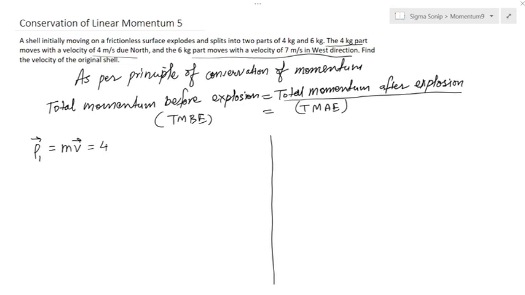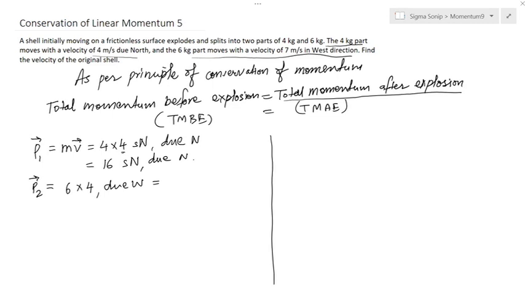So this is 4 kilogram times 4 meter per second, and because velocity has direction due north, that will also be due north.